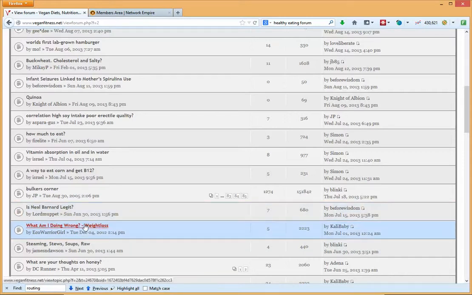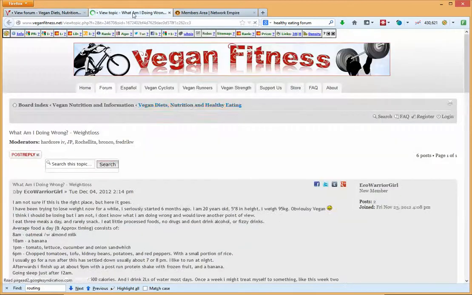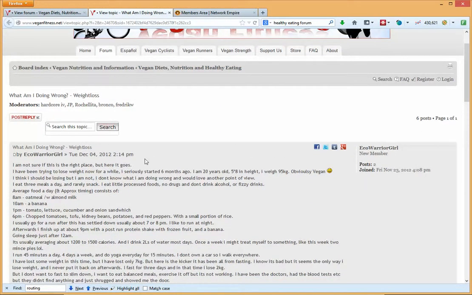"What am I doing wrong" is an interesting one. Losing weight for a while, 20, vegan.